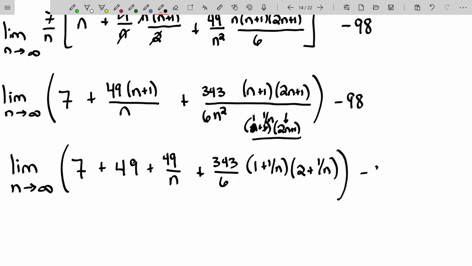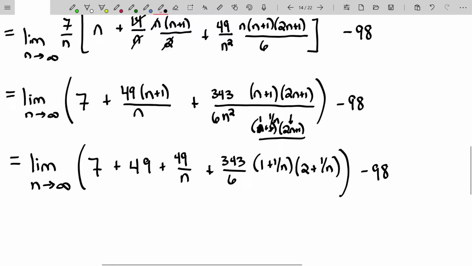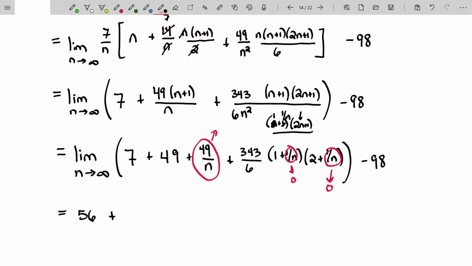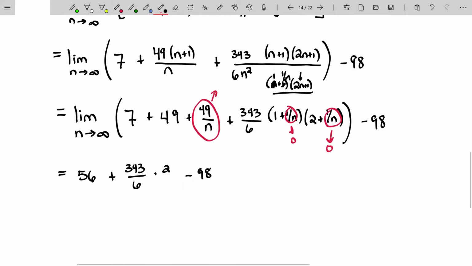And now you can take the limit as n goes to infinity. Anything with 1 over n will tend to zero. So in other words, this disappears, this tends to 0, and this tends to 0. And you get the following. 7 plus 49, which by the way is 56. So 56 plus 343 over 6 times 1 times 2, minus 98.